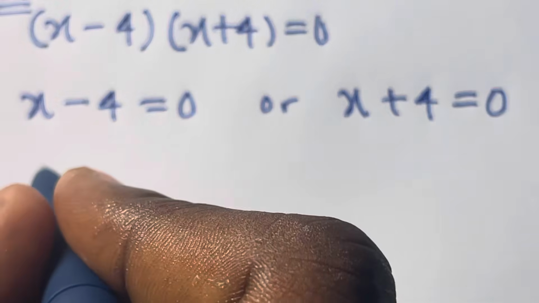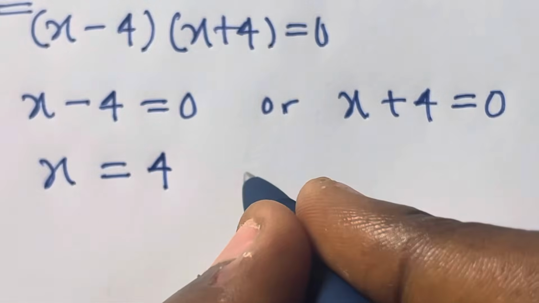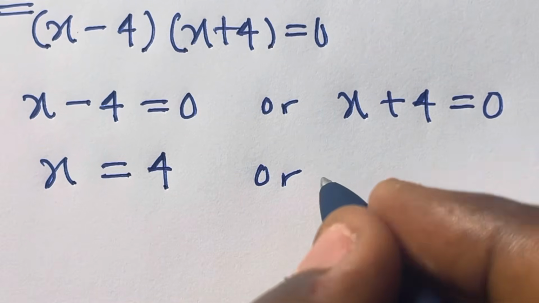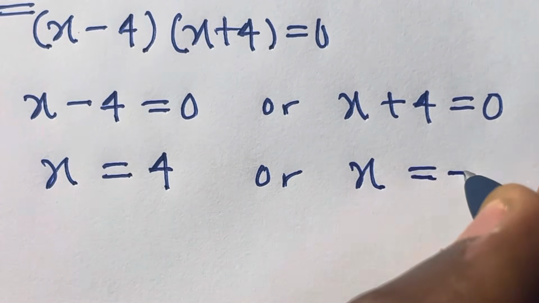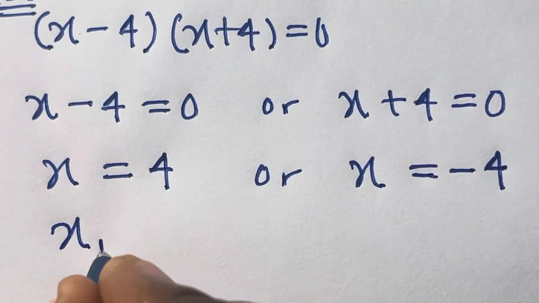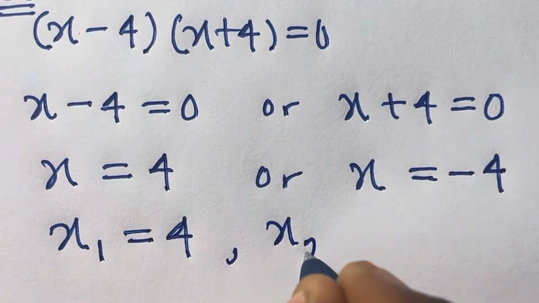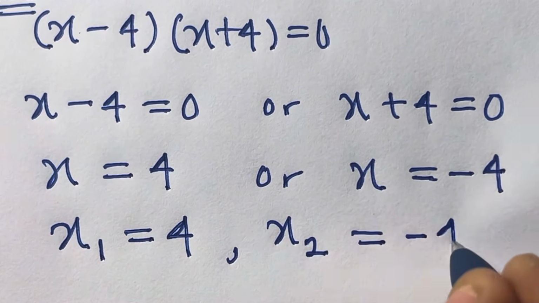Alright, so here we have a solution: transfer this here, we have x equals 4 or x equals minus 4. So from here we can say x1 equals 4 and x2 equals minus 4.